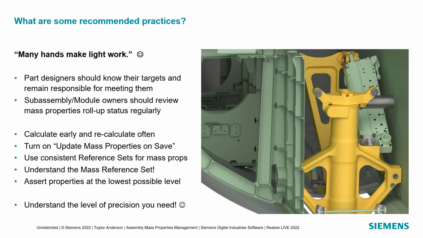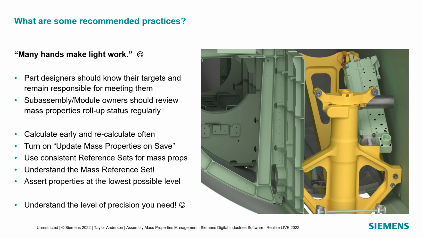Right? Assertions. A couple things on assertions really quickly. As it says here, you're going to want to aim for the lowest possible level. You can assert mass properties at subassembly levels, and that works well, but assertions at the individual component level are going to roll up easiest and most consistently as components get reused again and again.